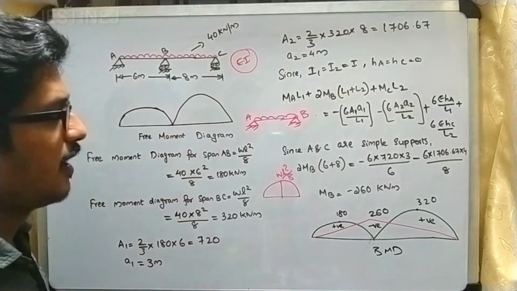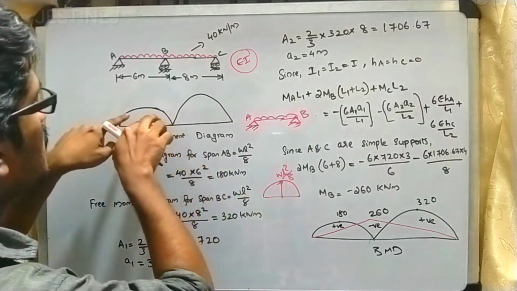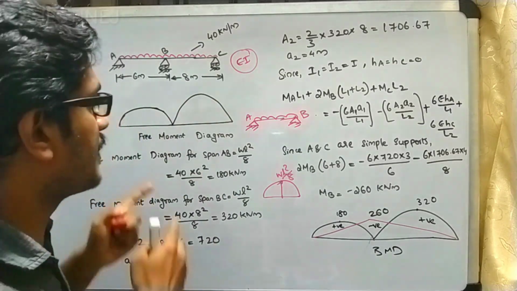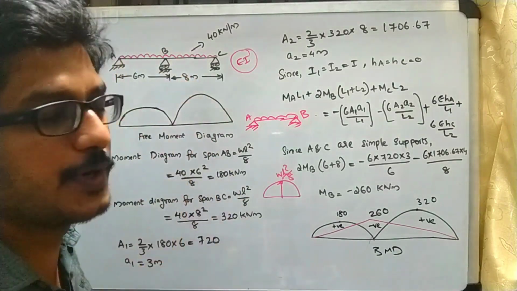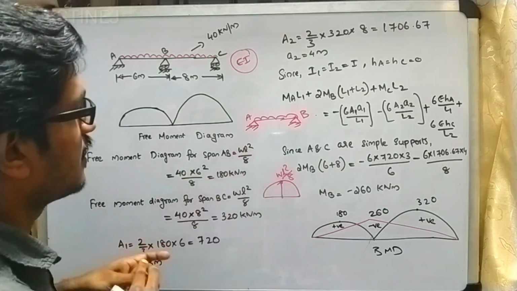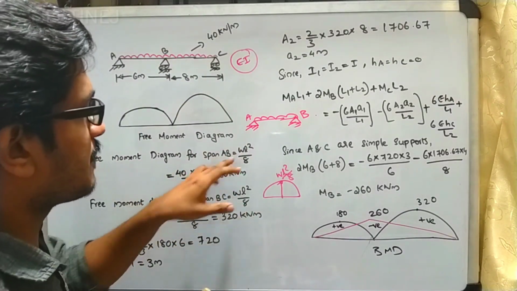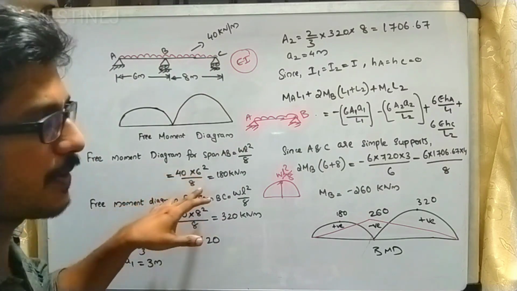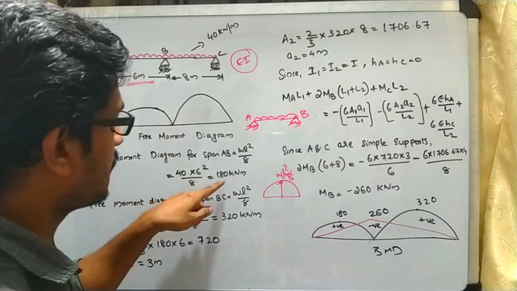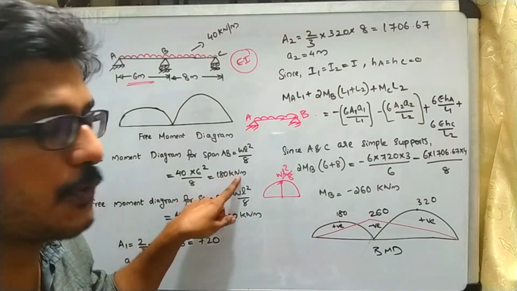In both spans AB and BC it will be a parabola, since a UDL is acting. You can easily calculate WL square by 8, that is 40 multiplied by 6 squared by 8 for span AB, and you will get 180 kilonewton meter.